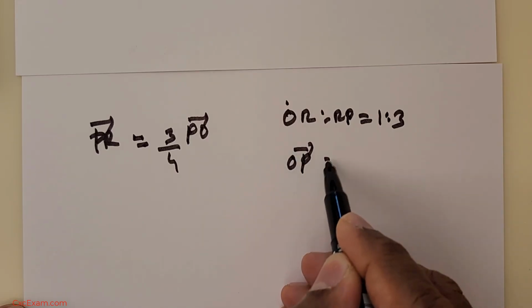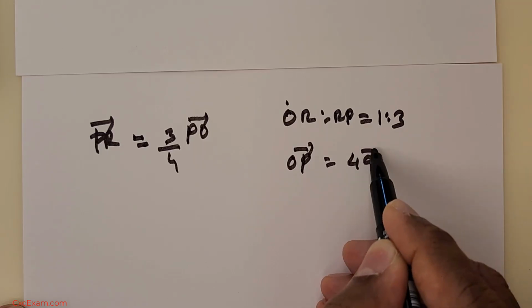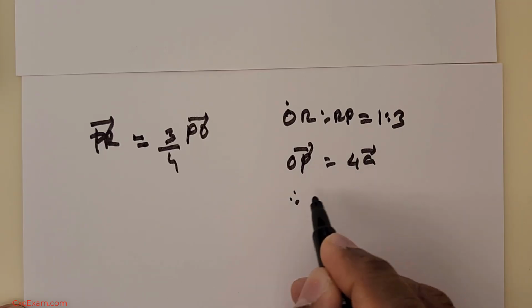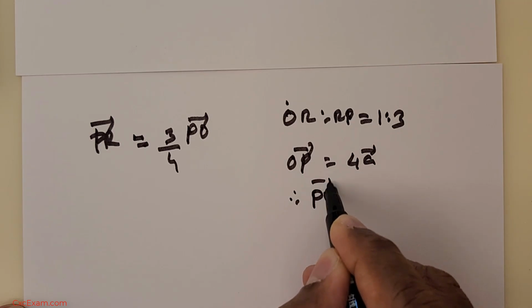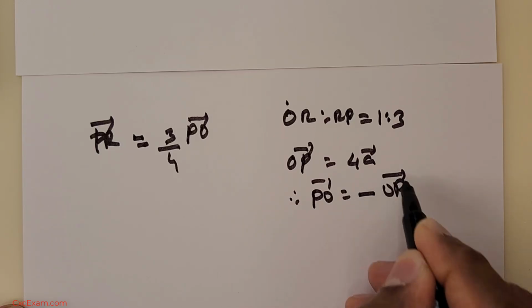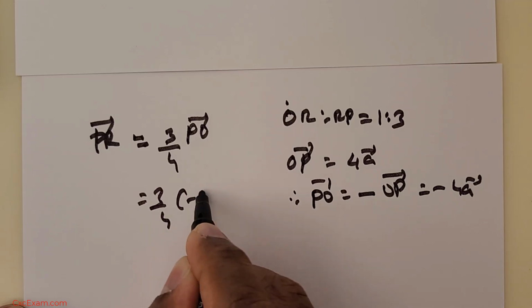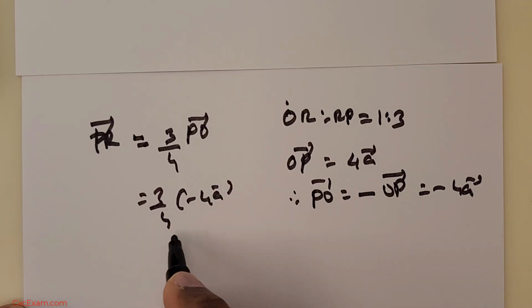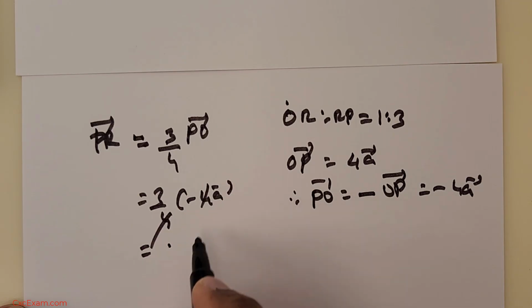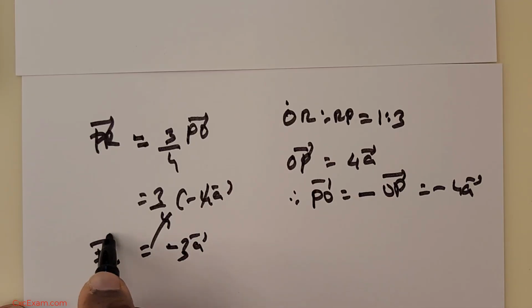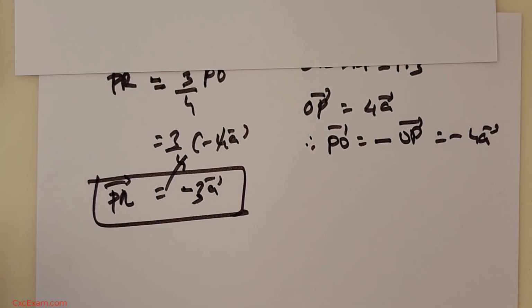Now OP vector is 4A. I'm going to take it as 4A vector. So therefore PO vector is equal to negative OP vector, which is equal to negative 4A vector. So it's going to be 3 over 4 of negative 4A vector, which will give you 4 gets cancelled, negative 3A vector. Okay, so this is my PR vector. Okay, so that's the answer for that question.